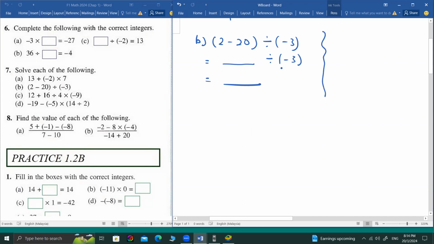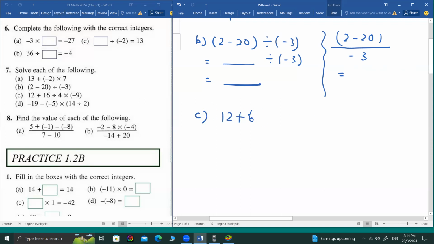Or 这种写法哈，you can copy like this: 2 minus 20, the bracket one, divide -3. You want to write divide -3 or per -3 也可以 both accepted. But don't do both, do one only. 明白了没有？Listen first, later when you do.